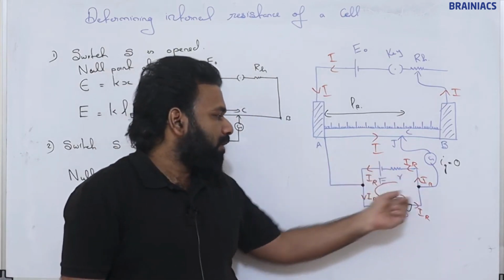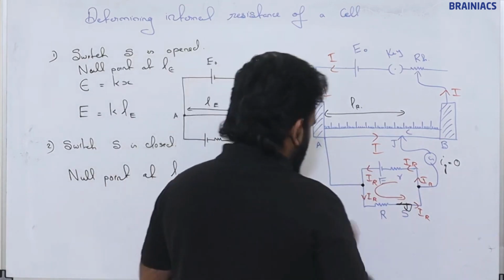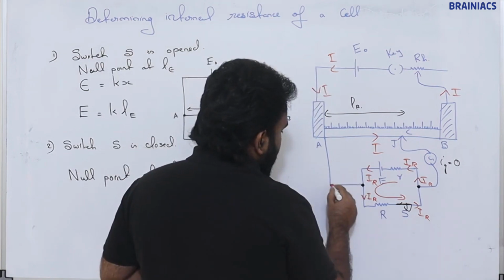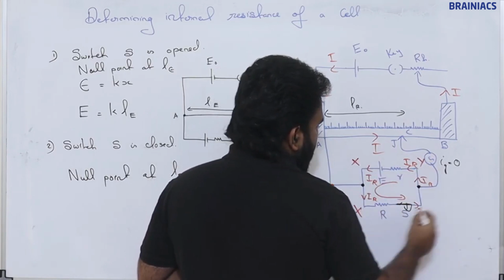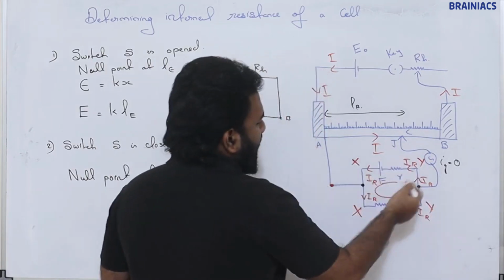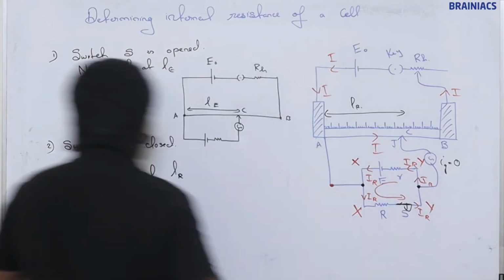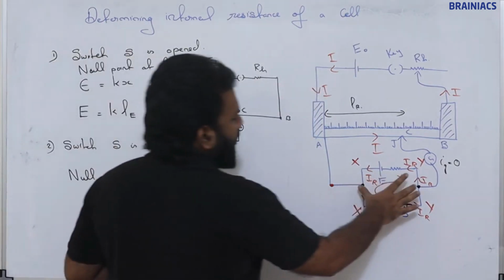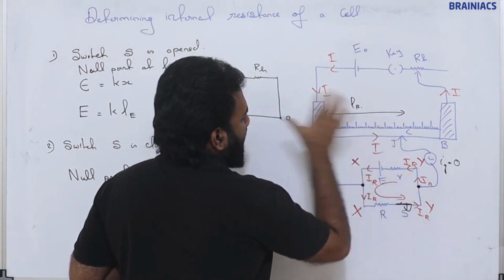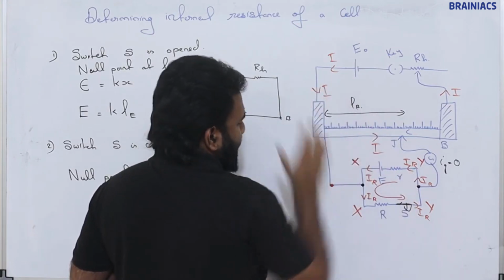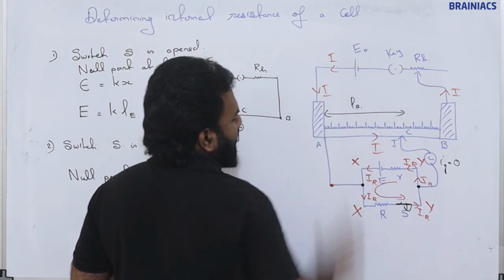Okay, if we name these 2 points as X, Y, this is also same, X, Y. Both the terminals are same. Clear? So the potential across these 2 points is same as Kx of this. Potential difference of this is equal to K into X of this.